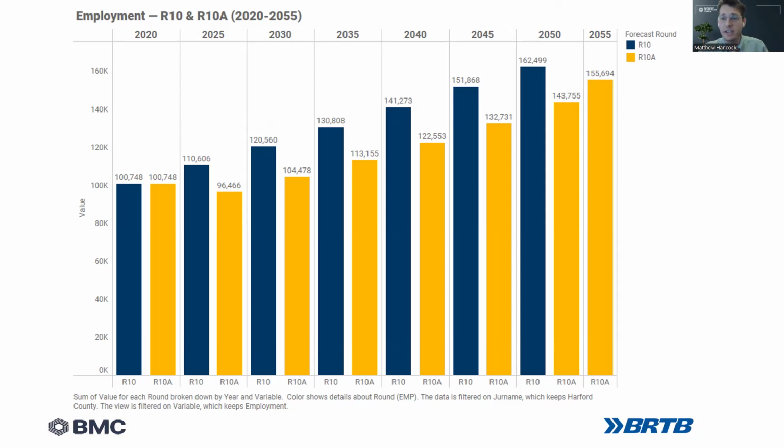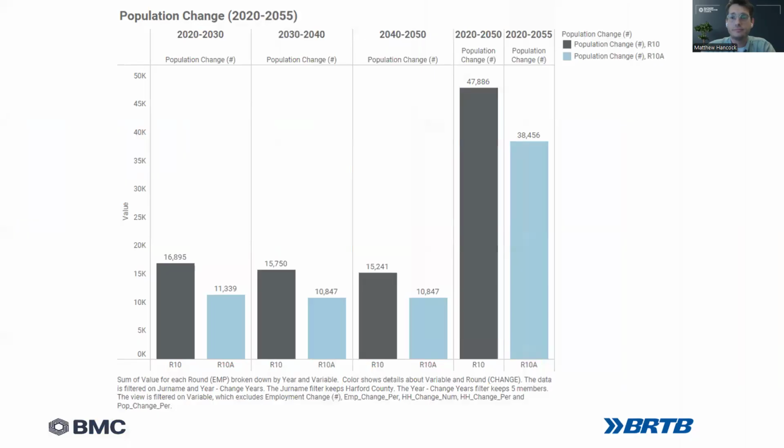No specific areas experienced larger than 20% adjustments in this round, so this is largely applied across all areas in the jurisdiction. So again, moderated growth estimated within round 10A compared to round 10, with a consistent gap across all decades, suggesting a structural downward revision in long-term population expectations.